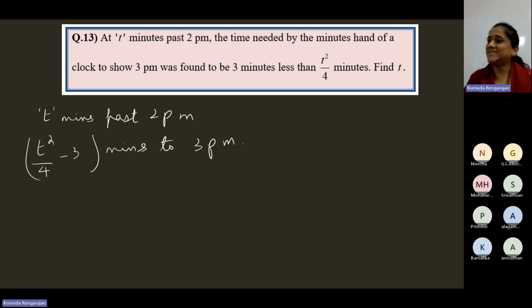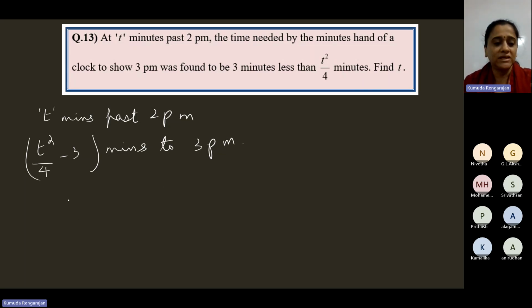Whatever comes after less than or more than should be written first. So T square by 4, write that first. 3 minutes less, so T square by 4 minus 3. That much time is still left for 3 o'clock. So T square by 4 minus 3 minutes to 3 p.m.